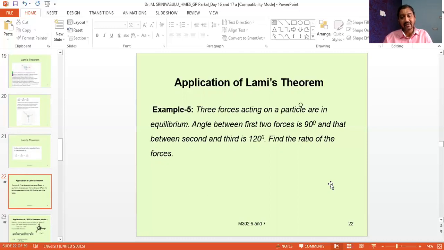The angle between the first two forces is 90 degrees, and that between the second and third is 120 degrees. Find the ratio of the forces.